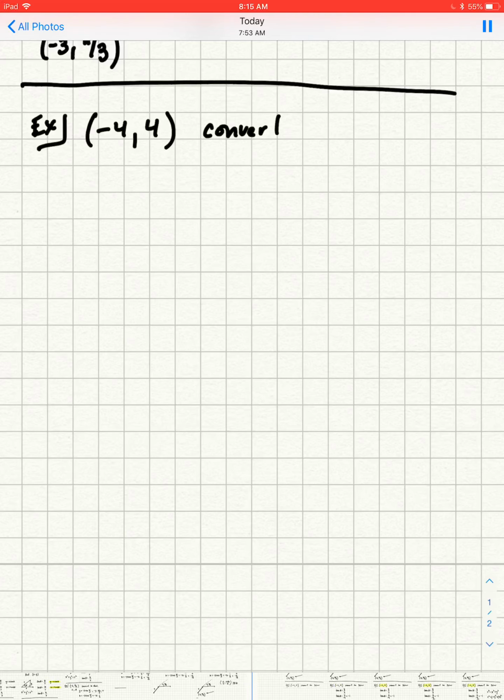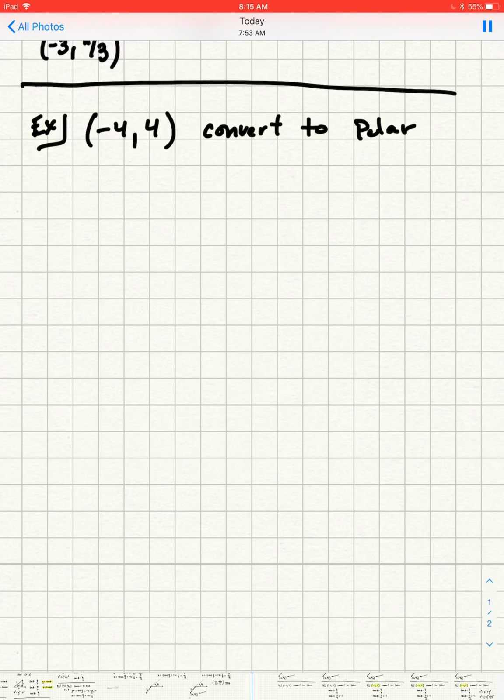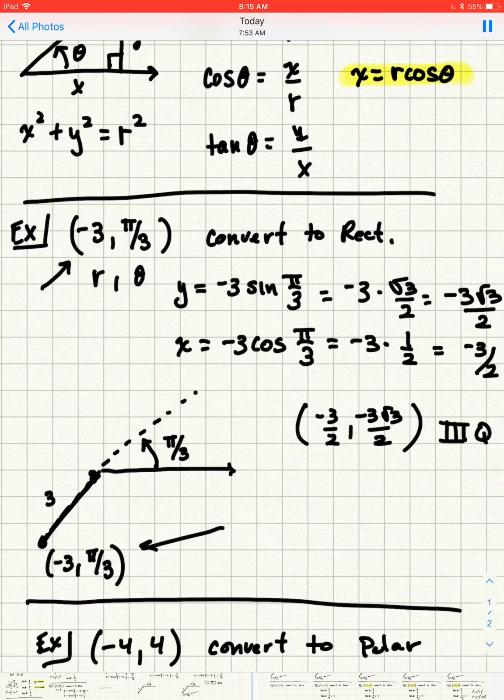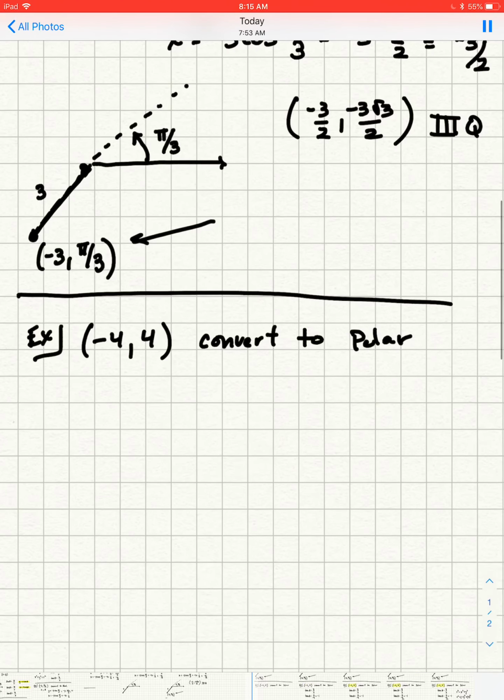Let's just do that. And then we want to convert to polar. In this situation, the formula that you would like to use is tangent, because you have x and y, and you could find the angle that way.